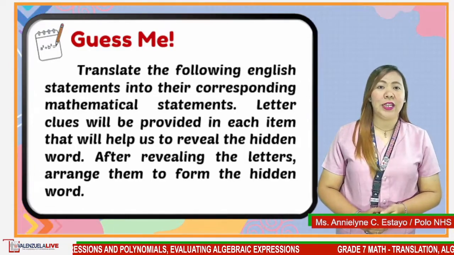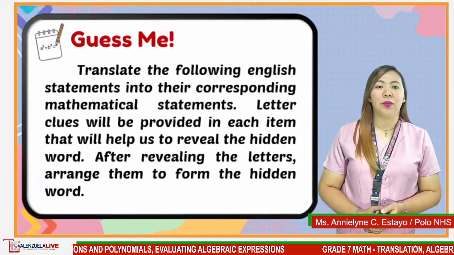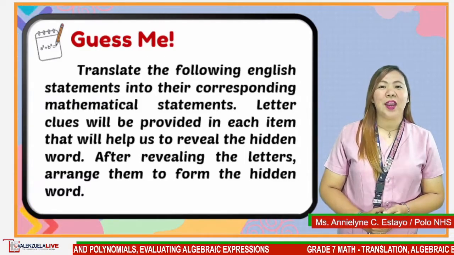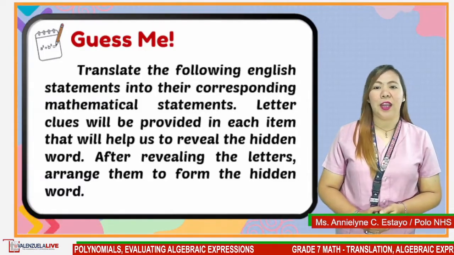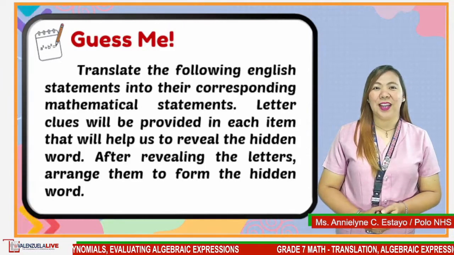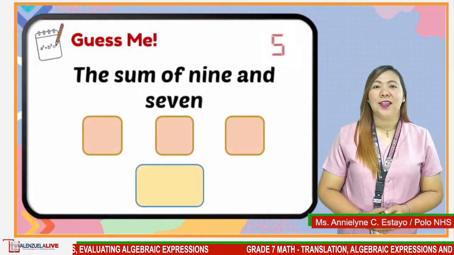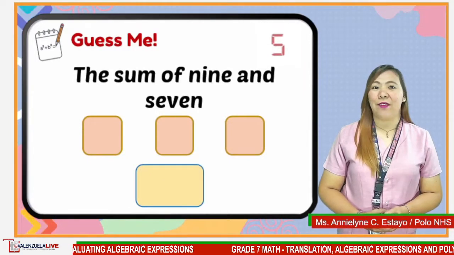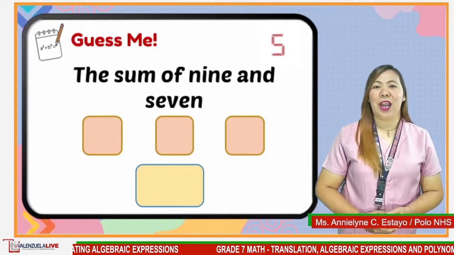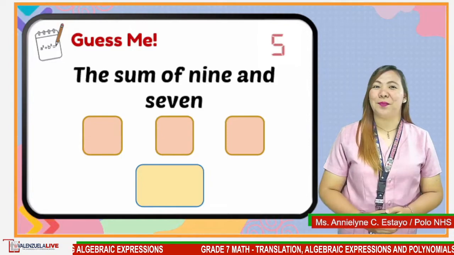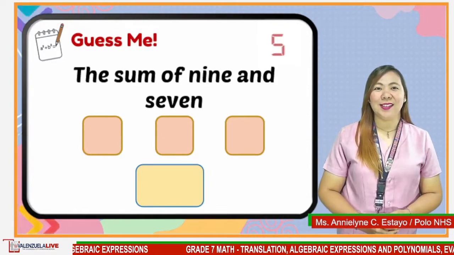After revealing the letters, arrange them to form the hidden word. 5 seconds to answer each question. Let's start. First is the sum of 9 and 7. Kindly type your answer in the comment section below. 5 seconds, go.